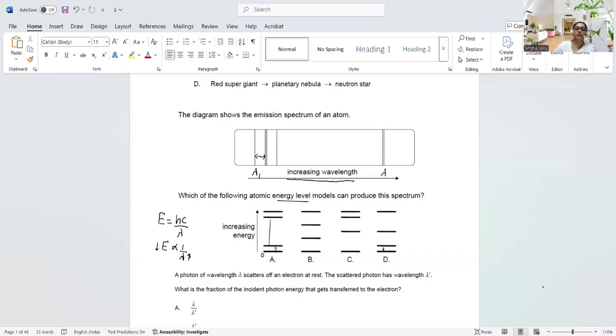The next two are smaller, that's why it is here. And next is the bigger one again, which is also a smaller. So where the wavelength difference is more, energy difference should be less. Where the wavelength difference is less, energy difference should be more. So the answer for this is A.